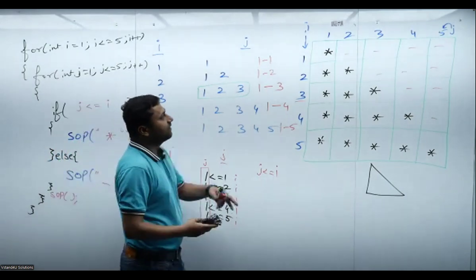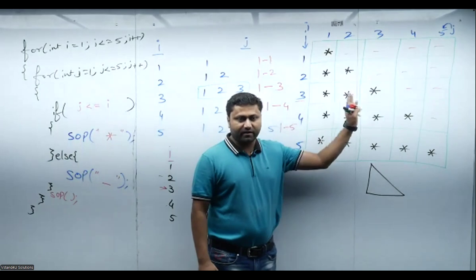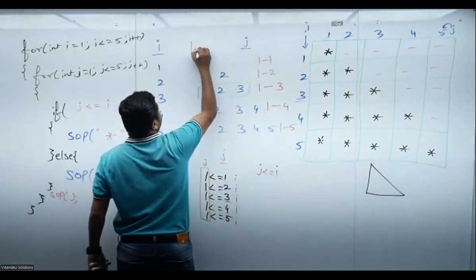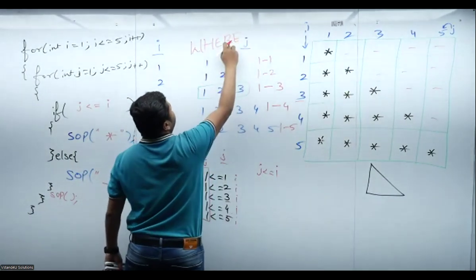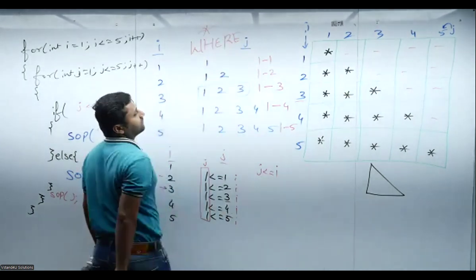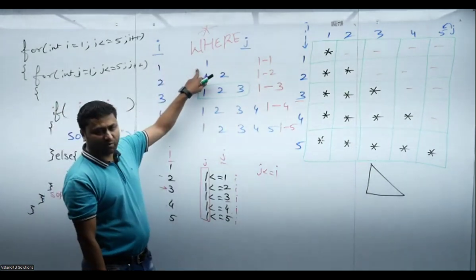Leave it. First thing, whatever pattern is given, we understood. Marking I and J, we are done. Then the first thing we always look at is where to print and where not to print. Where all to print? For I value 1, J is to be 1.